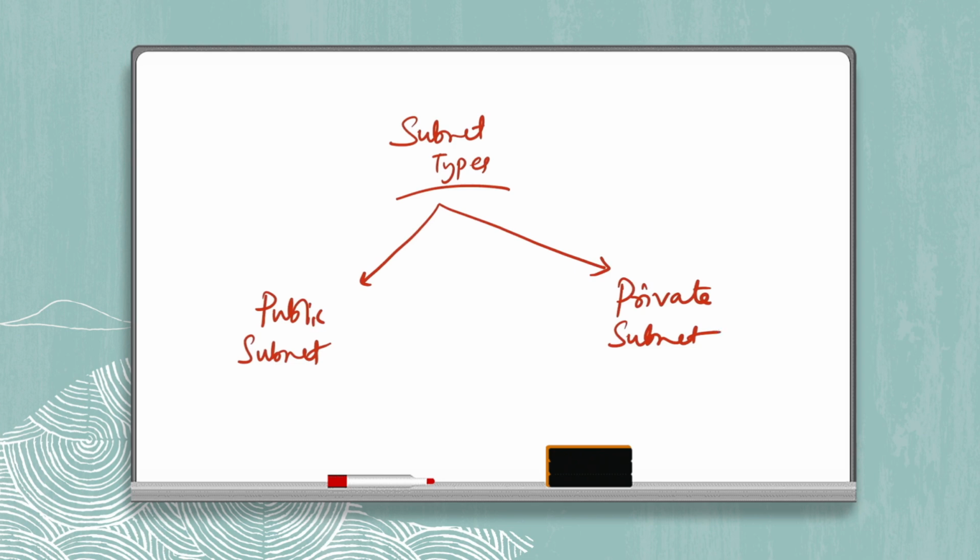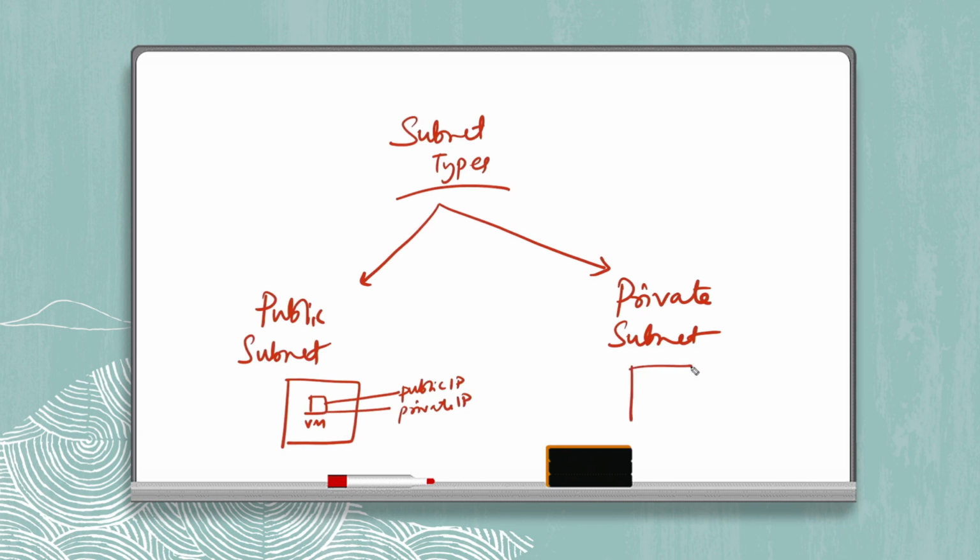As the name suggests, what is a public subnet? A public subnet is a subnet inside which the virtual machine will have both a public IP as well as the private IP address assigned to the VNIC.